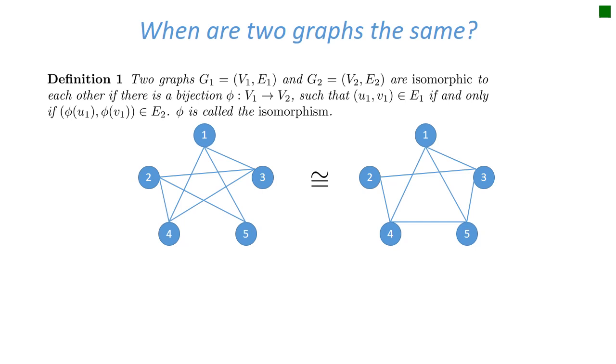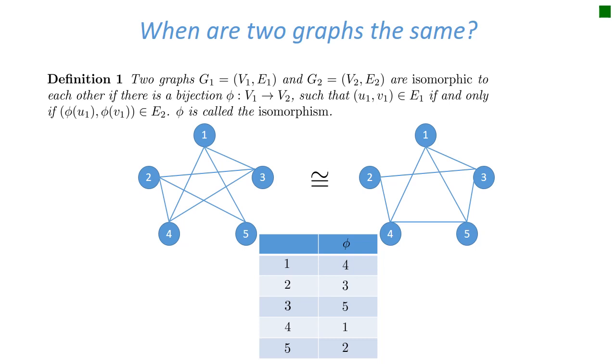However, observe that these two graphs are simply the same, just the vertices have been renamed. What is the renaming of these vertices? Now, if I take the first graph and rename the vertex 1 to be 4, the vertex 2 to be 3, the vertex 3 to be 5, 4 to be 1 and 5 to be 2, it is easy to see that what I get is indeed the graph on the right.